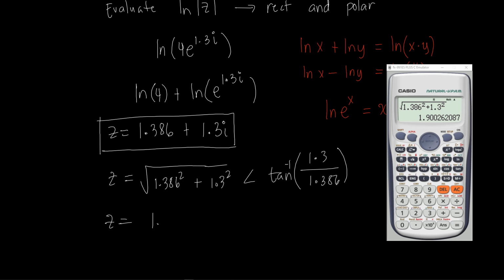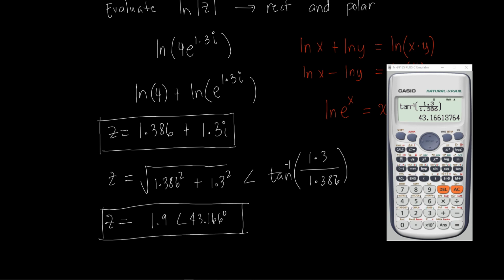Okay, so 1.9 angle, pila ito, arctan of 1.3 over 1.386. That is 143.166 degrees. Okay, degrees.